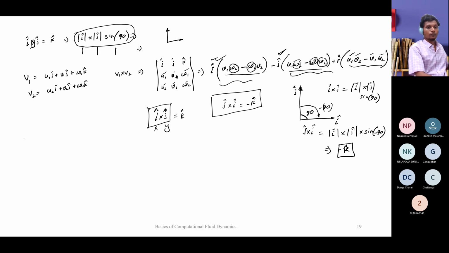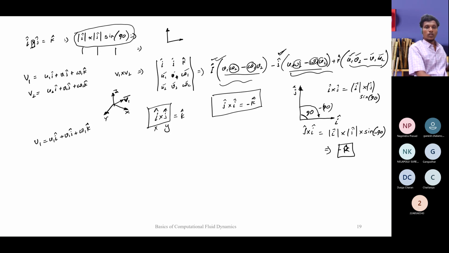Suppose I have a velocity vector v1 that I wrote already, u1 i cap plus v1 j cap. I have been telling you about unit vectors many times, but if I want to find the unit vector in some direction, this is my v1 bar.